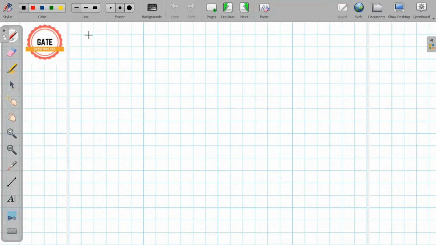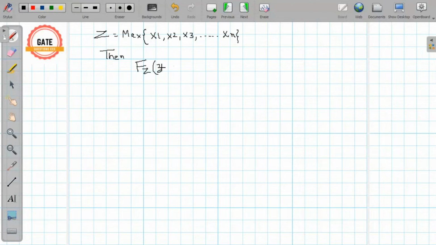From the previous discussion on the maximum function, we know that if z is equal to the maximum among n random variables x1, x2, x3 up to xn, then the CDF of z, Fz at sample value small z, will be equal to the joint CDF of all these n random variables x1, x2, x3 up to xn with sample value z, z, z up to z.